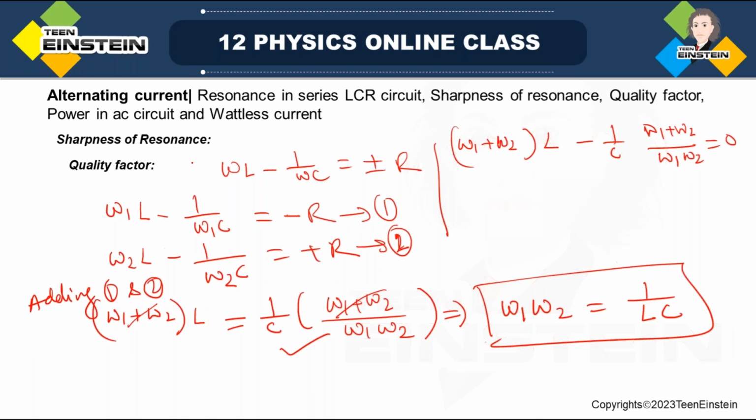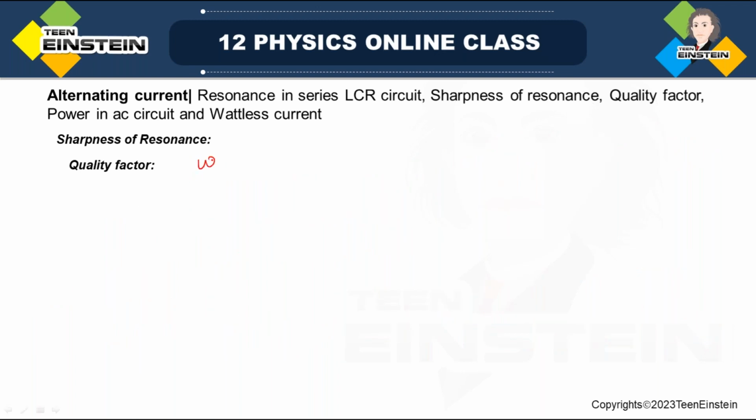I am just erasing this calculation and writing the value itself, which will be 1 over LC.